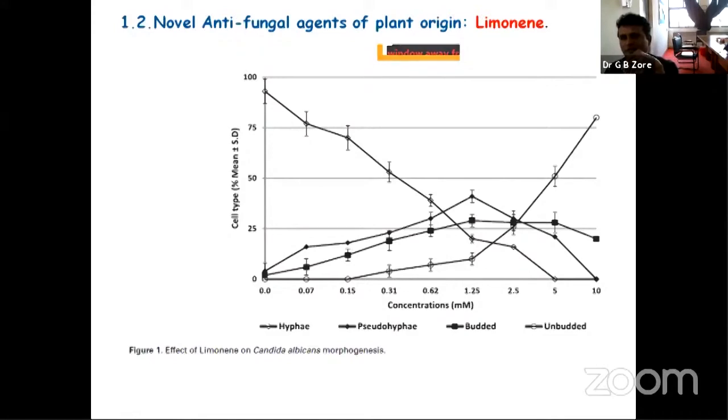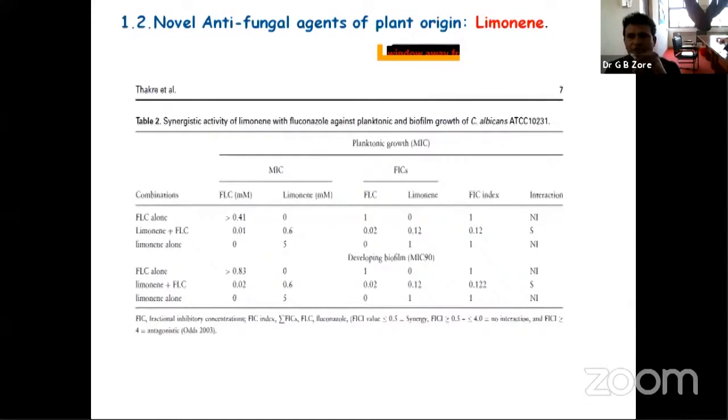We tested the synergistic effect of limonene along with fluconazole, and we found that only 0.6 millimole of limonene and 0.01 millimole of fluconazole can inhibit Candida albicans growth completely.